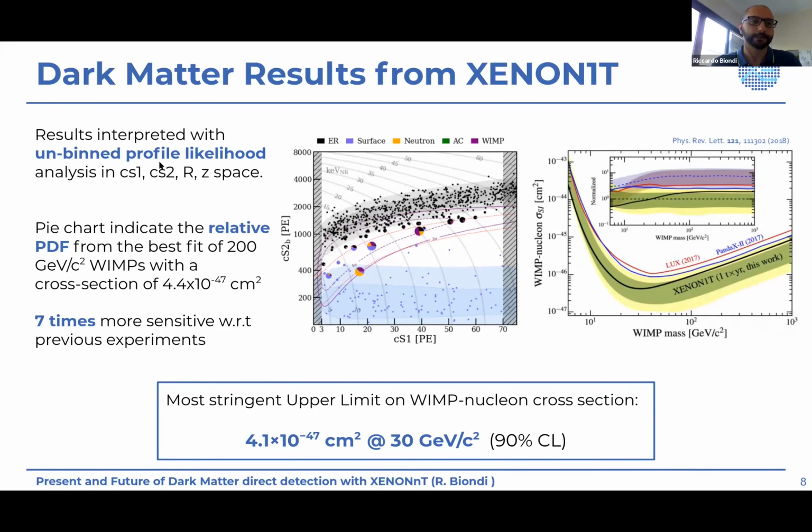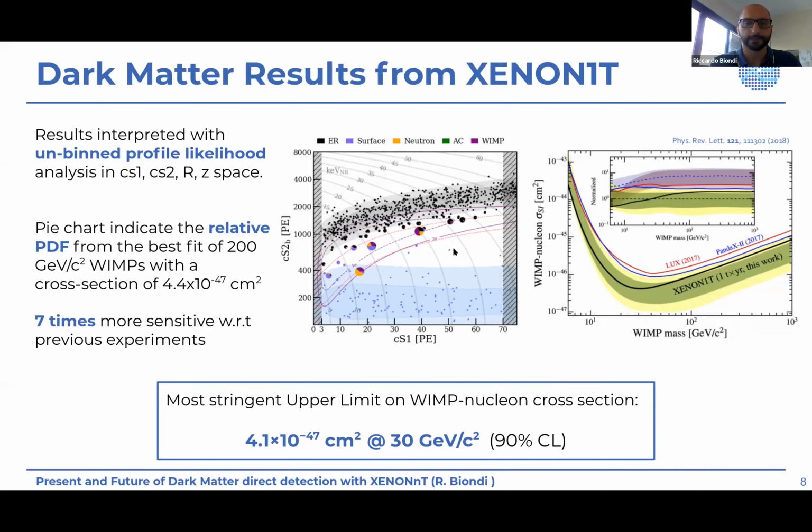The result has been done with an unbinned profile likelihood using the corrected S1 and S2, radial and Z position. The pie charts on this event by event show the relative PDF to the best fit with a 200 GeV WIMP mass with a cross section of 4.4 times 10 to the minus 47.